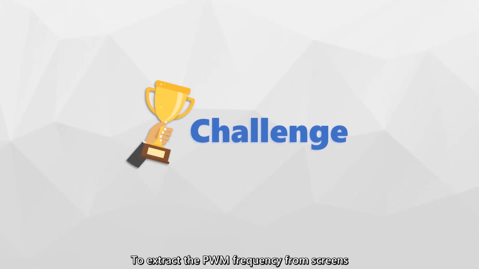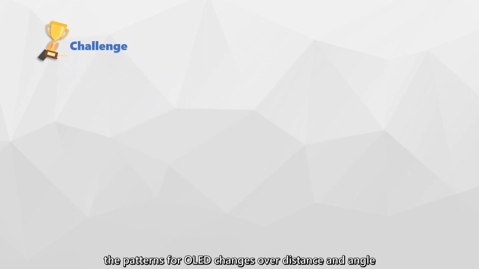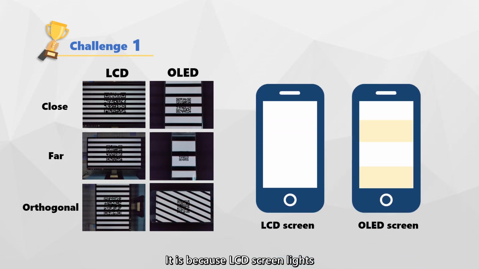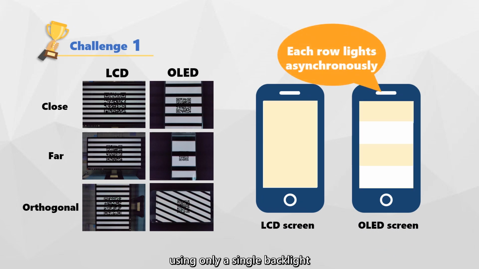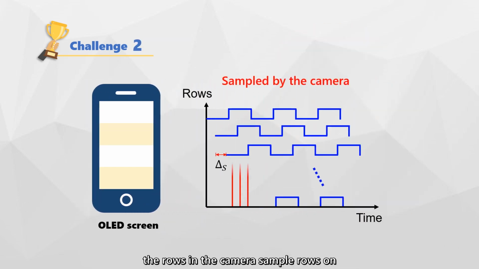To extract the PWM frequency from screens, we face several challenges. First, the patterns for OLED change over distance and angle, but LCD screens do not. It is because an LCD screen lights using only a single backlight, whereas each row of an OLED screen lights asynchronously. Second, the rows in the camera may not be in one-to-one correspondence with the rows sampled on the screen.